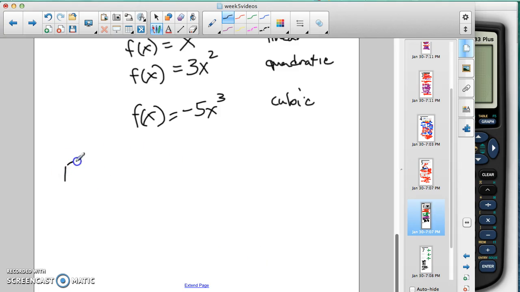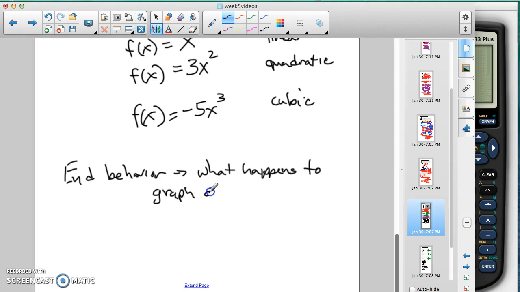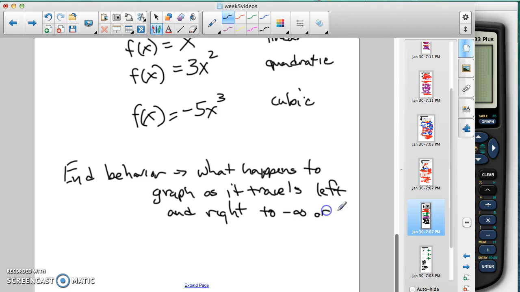So end behavior is what happens to the graph as it travels left and right to negative infinity or positive infinity.